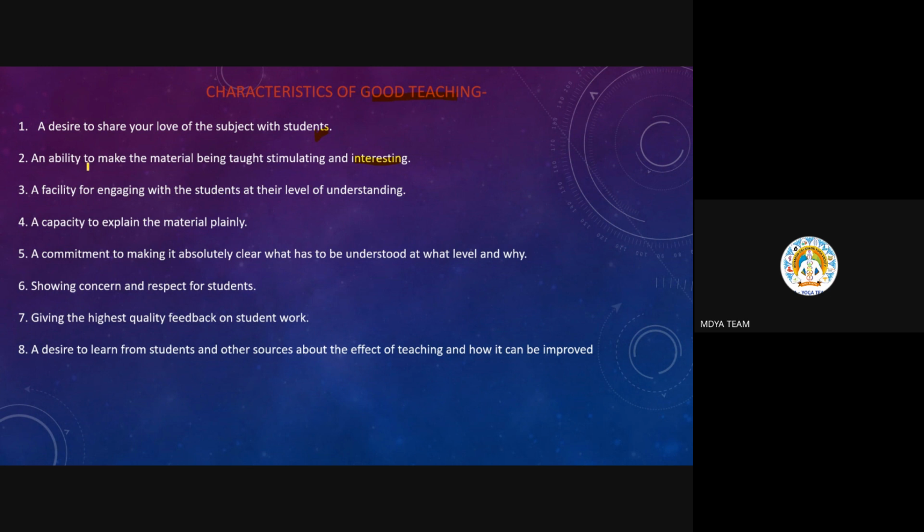In class, the teacher tries to make the class more interesting, more engaging, so that the learners can understand the concept very quickly. So the characteristic of good teaching is that the material being taught in the class is stimulating and interesting. Okay. The third, a facility for engaging with the students at their level of understanding.